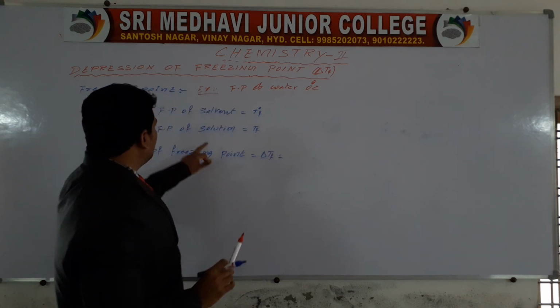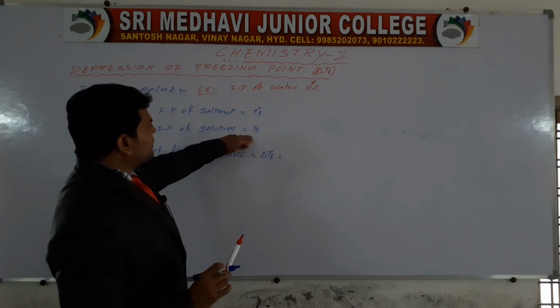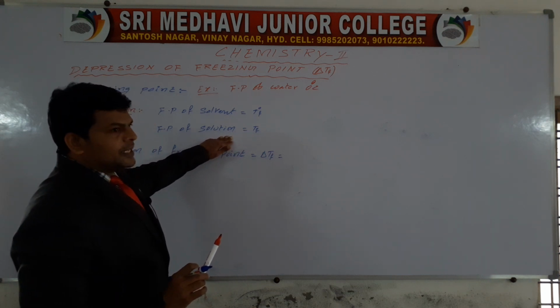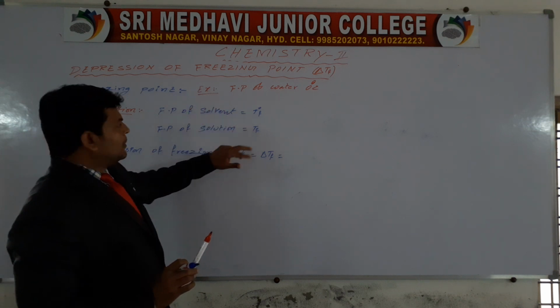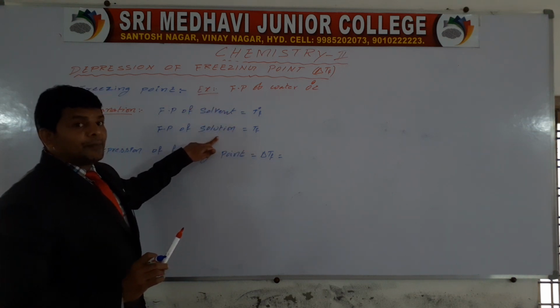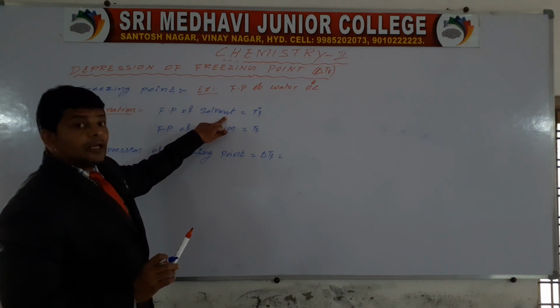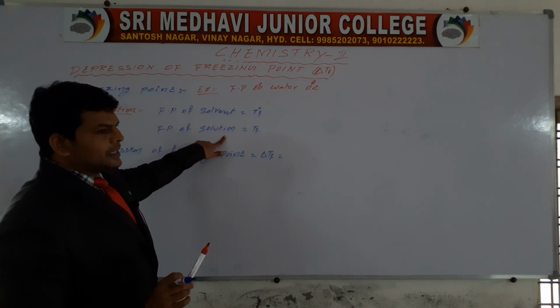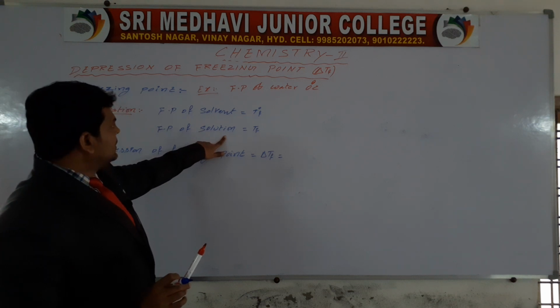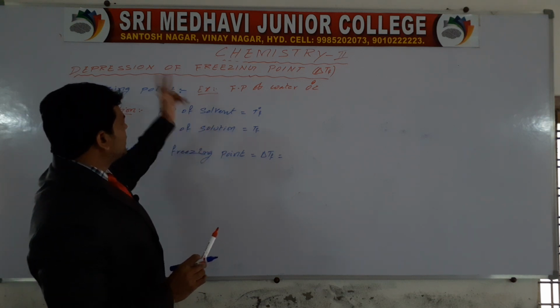Normally here the vapor pressure of the solution is less and the vapor pressure of the solvent is more, so the solution has a lower freezing point and the solvent a higher one. So the freezing point of the solution is less and the freezing point of the solvent is more.